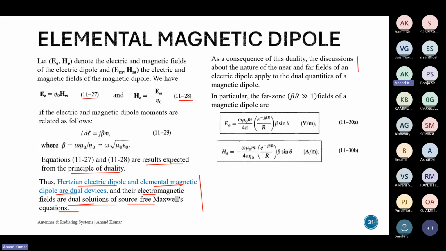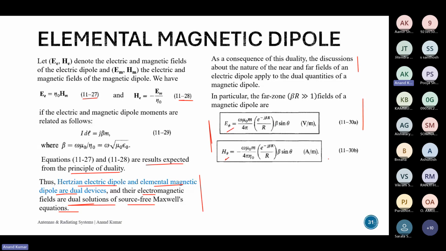Just for the sake of completion, we can look at the electric and magnetic field expressions for the magnetic dipole in the far field zone. These expressions are found using the far field expression for the Hertzian dipole, and then we replaced the terms I, dl, and those expressions with beta and so on.